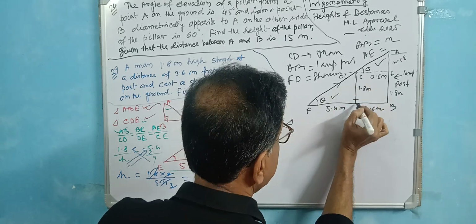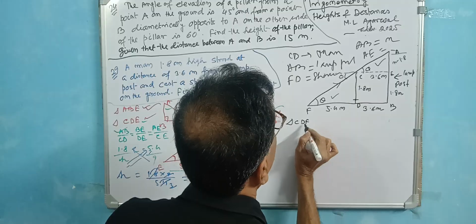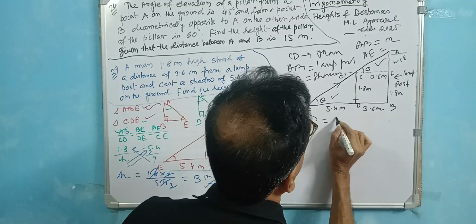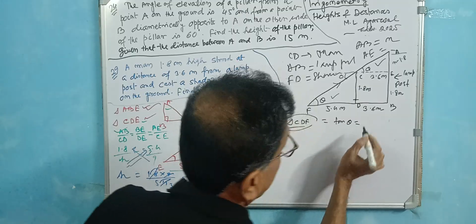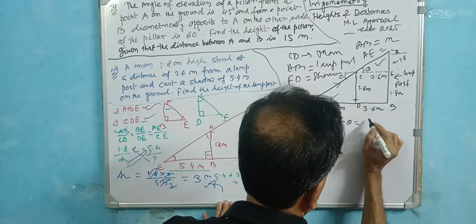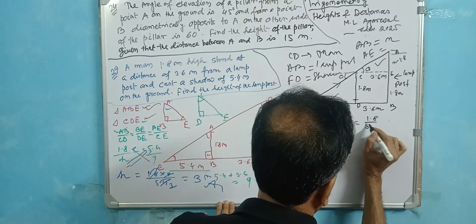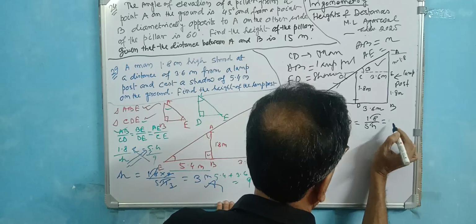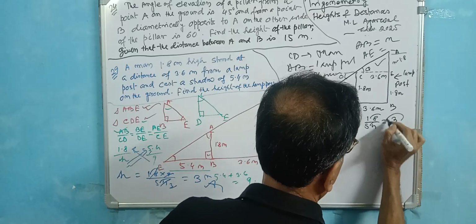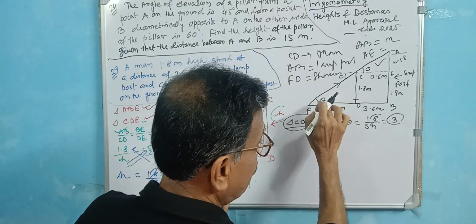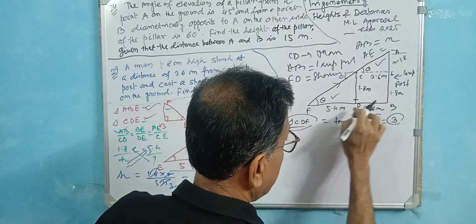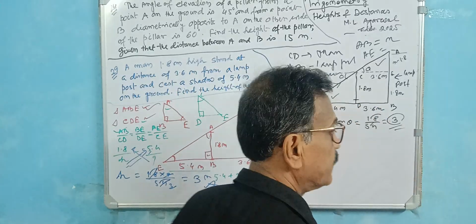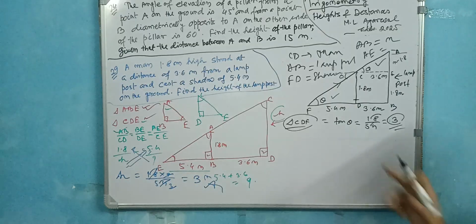You take CDF in that triangle. What is this? Tan theta. Tan theta means perpendicular by base. So this is 1.8 by 5.4. So 3. Tan theta, what is the value of tan theta? 1.8 by 5.4. This is 3. Is it clear to you? In that triangle.